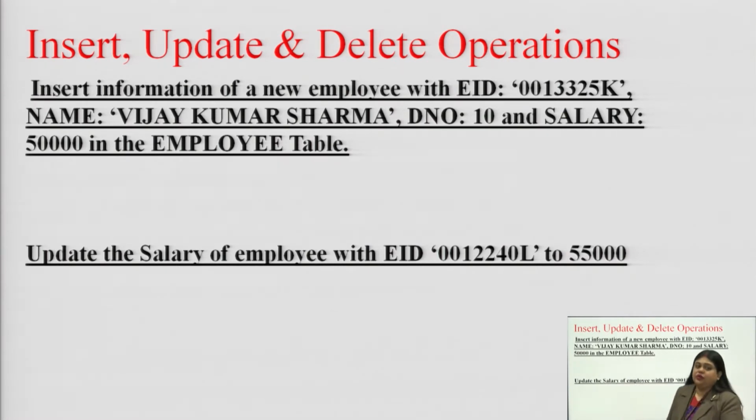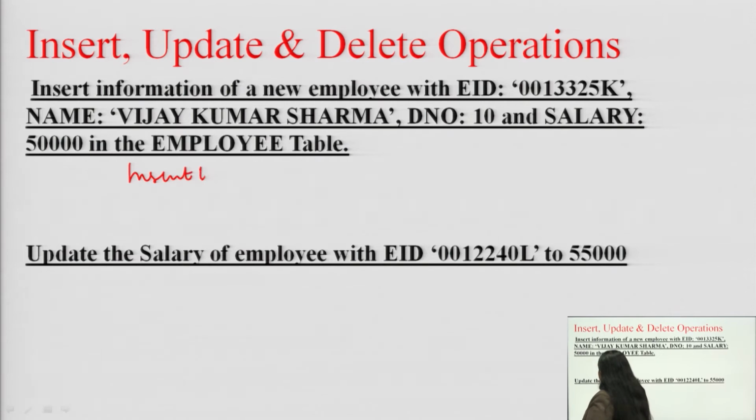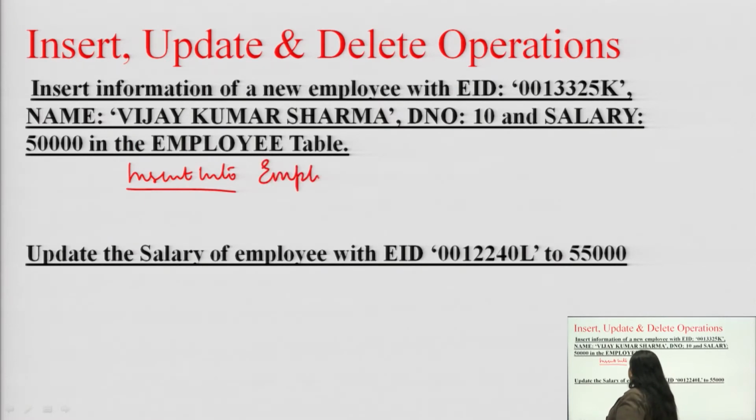So, what we are going to do is, we will write INSERT INTO, again these things should be in capital. Please, I am reminding you again and again, these things should be in capital. INSERT INTO employee. So, this is your employee table, right, and we are specifying the values.